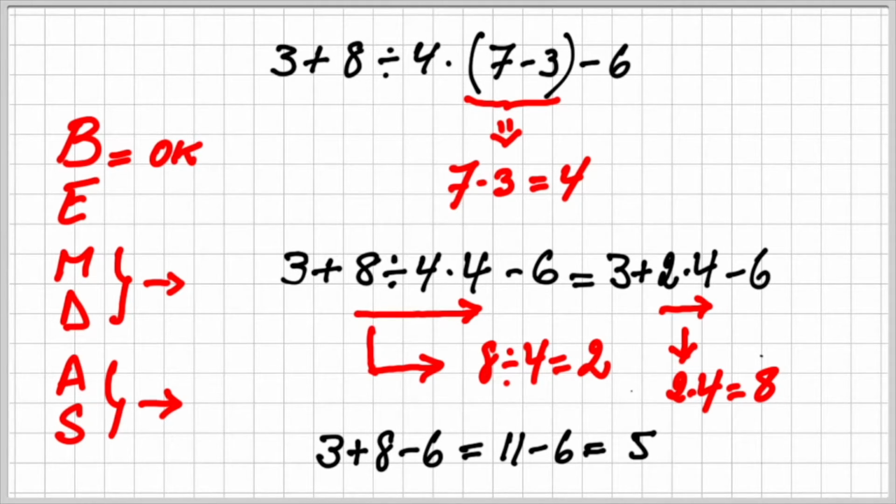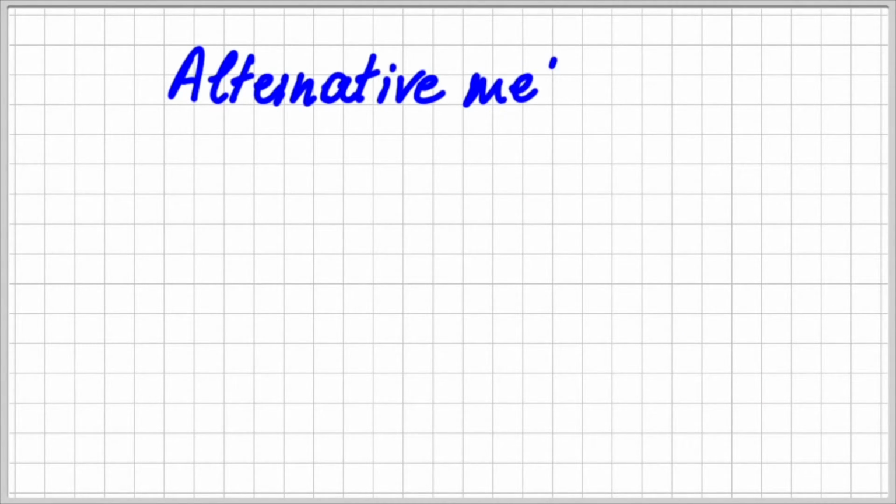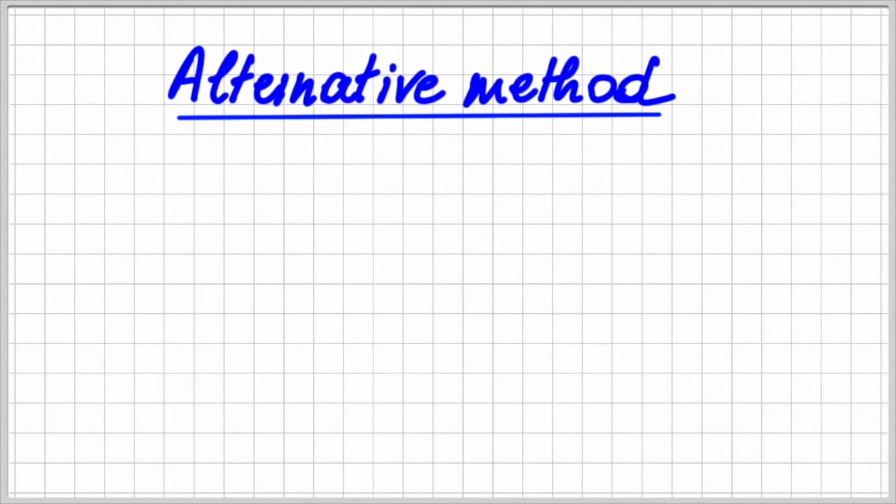So here we have both the multiplication and the division, and the addition and the subtraction. But we can do it in a different way. We can look at this in an alternative way. And when you look at the alternative method, it will provide some support that the expression BEMDAS is correct, and this is the correct way to apply the order of operations.